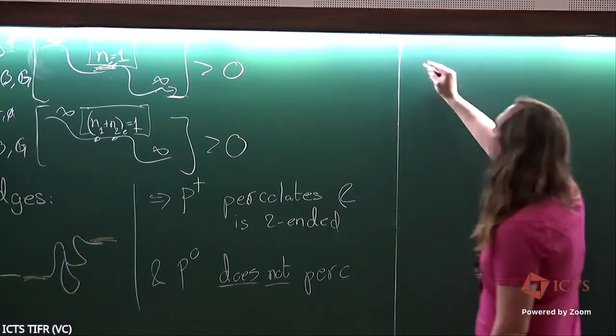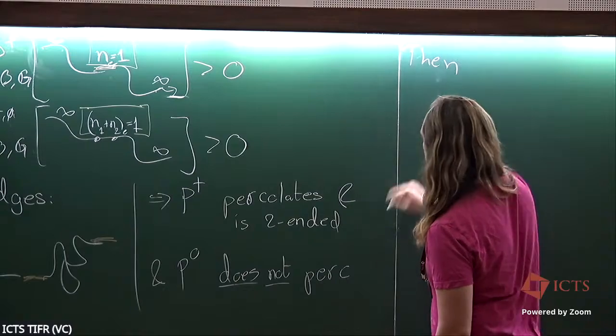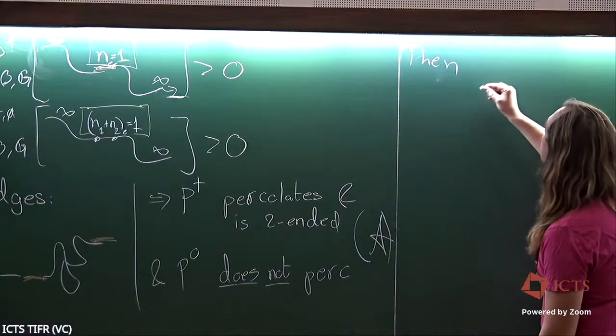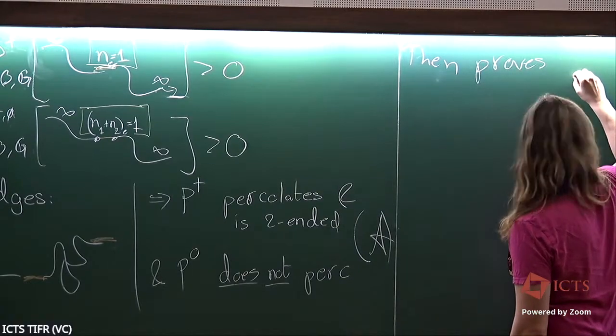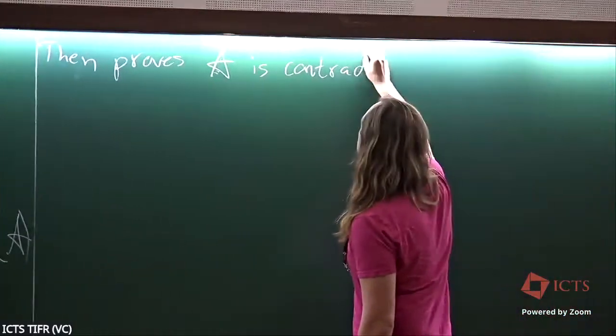And then basically, call this assumption A. That's not exactly, I mean, he calls this assumption A. But he proves that this is contradictory.